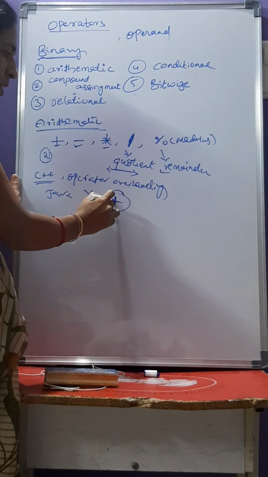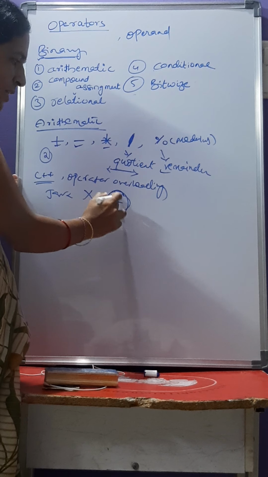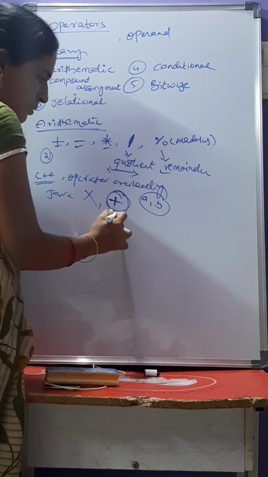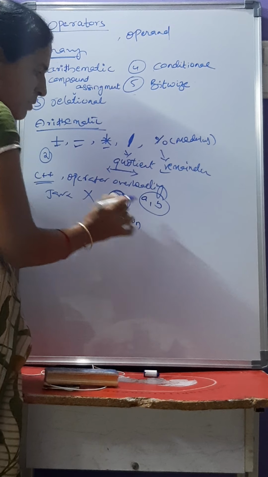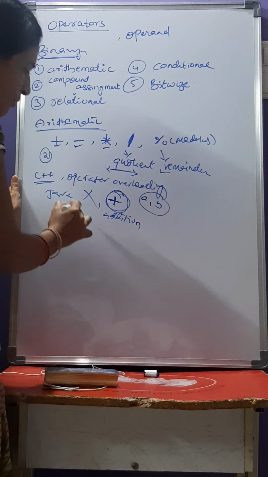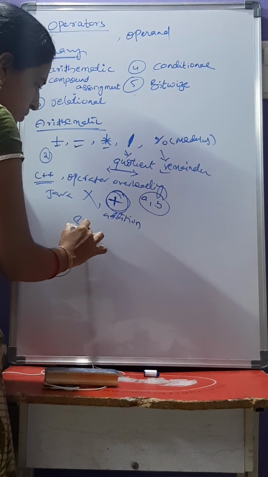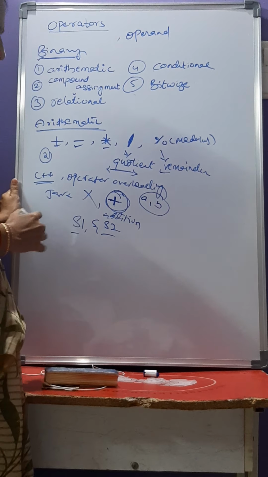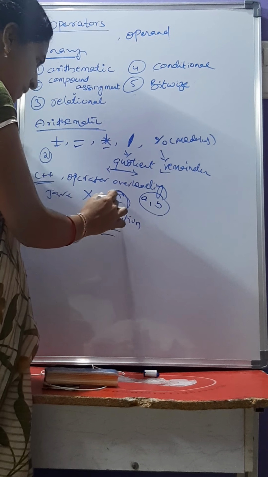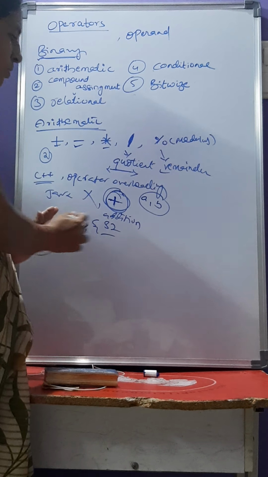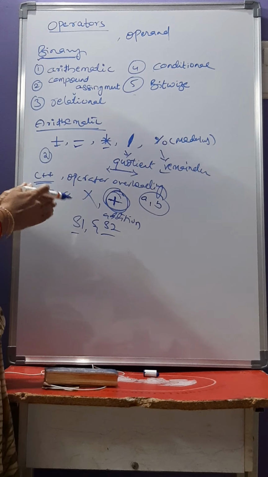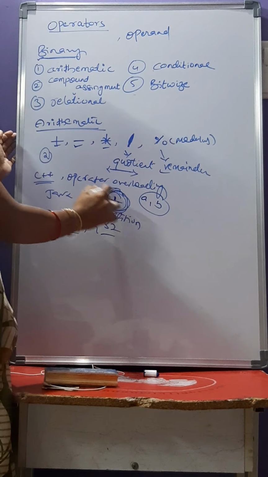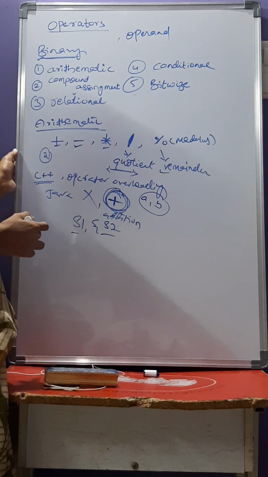If plus is used on integers or floats, it performs addition. If plus is used between s1 and s2, which are two string variables, it gives concatenation, that is adding the two strings one after the other. So this is about the plus operator overloading concept.